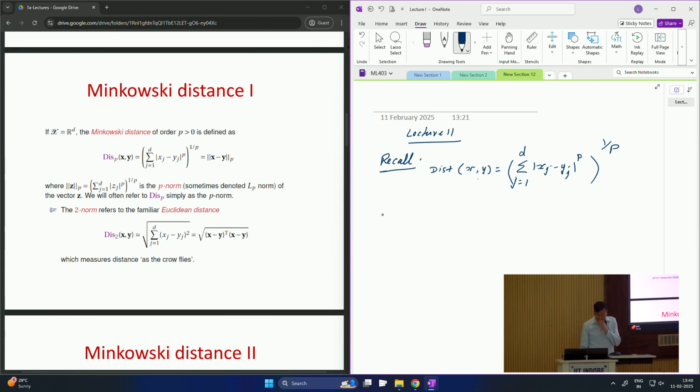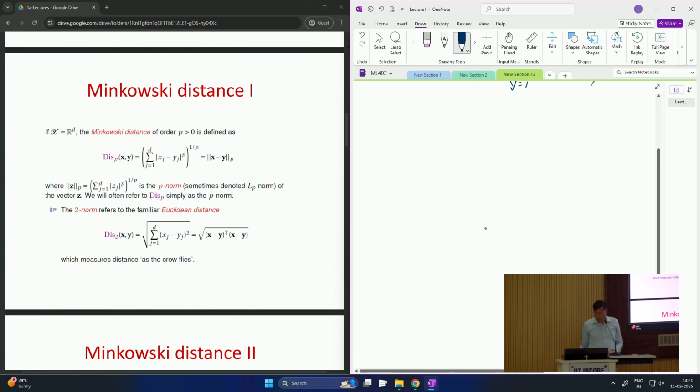So p equal to 0 is a special case, or we can start from the larger values. We'll just start from the larger values and go backwards that way.